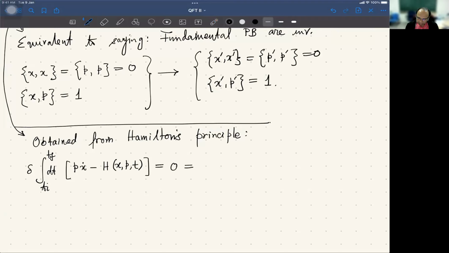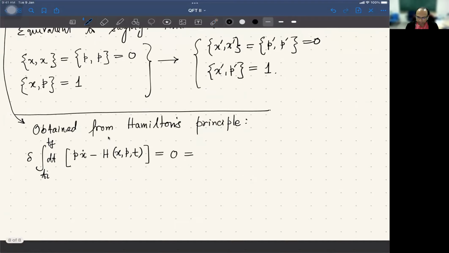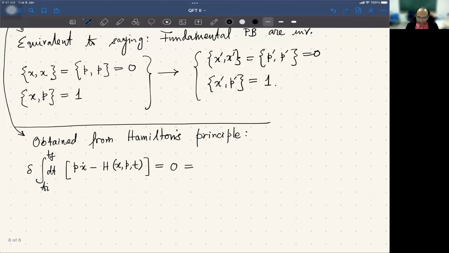And because we are demanding this same structure for the prime variables, we must have 0 equal to the integral dt from ti to tf of p prime x dot prime minus h prime(x prime, p prime, t).